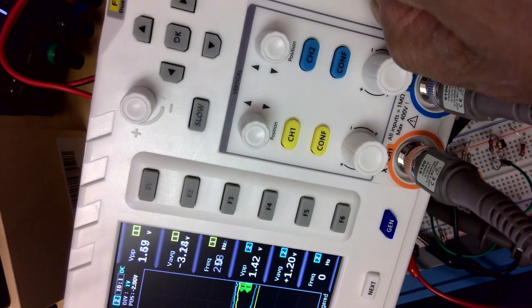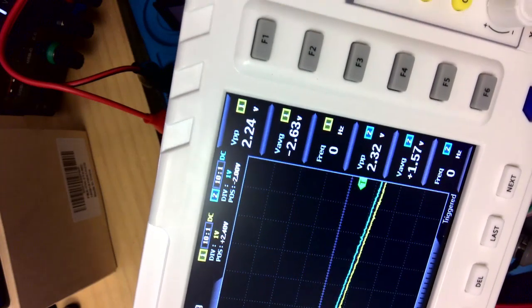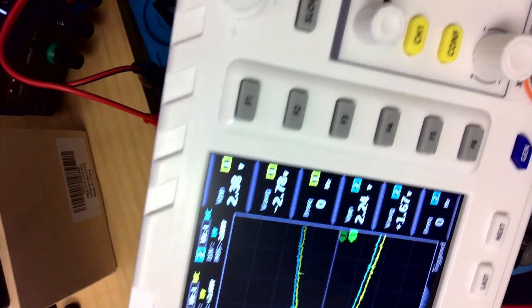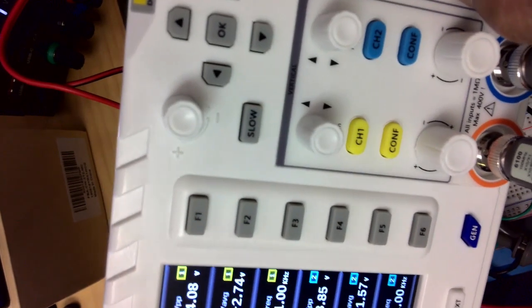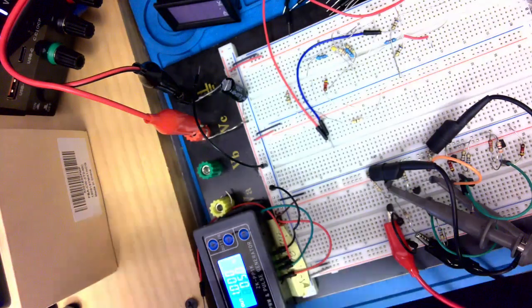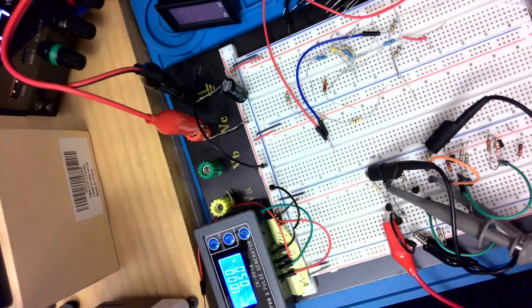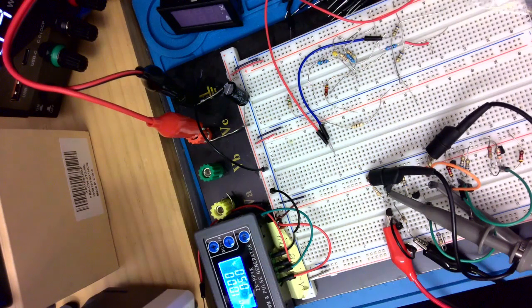This is 1 nanosecond. It's less than 1 nanosecond. I mean 1 microsecond, and it's over the limit of this oscilloscope's capability. Probably nanosecond. Okay, that's it.